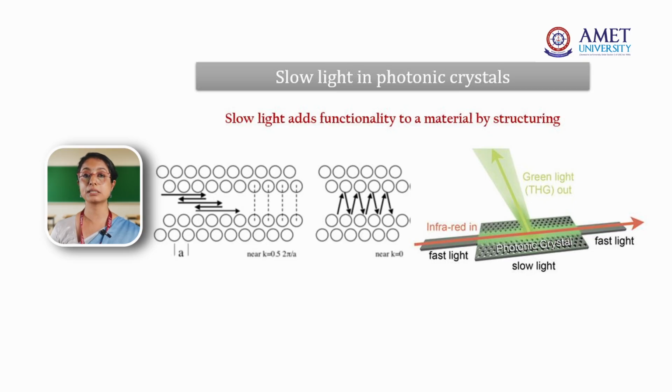What happens here is most of the particles in the photonic crystal start exposing themselves to the light energy, and there is an enhanced amount of interaction between the light particles and the nanoparticles which make up the photonic crystals. So this increased interaction delays the propagation of light, giving rise to slow light. This has two advantages.